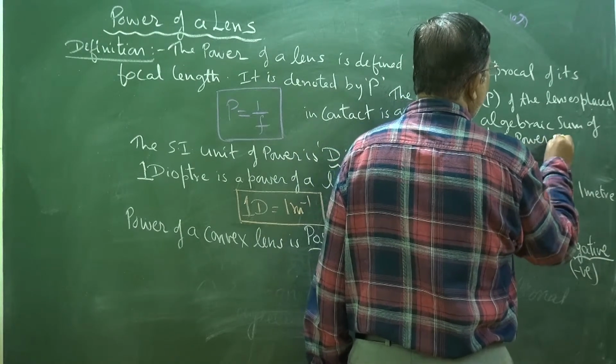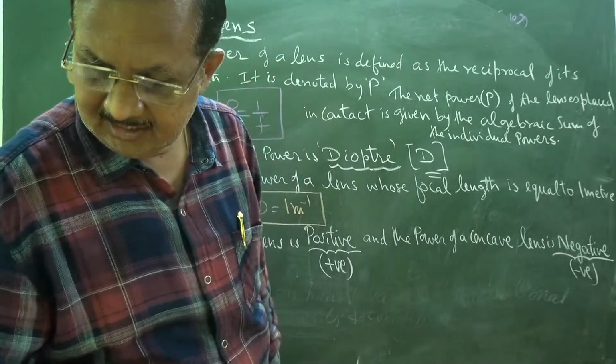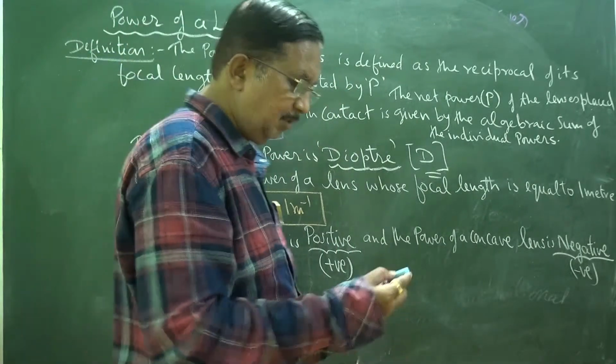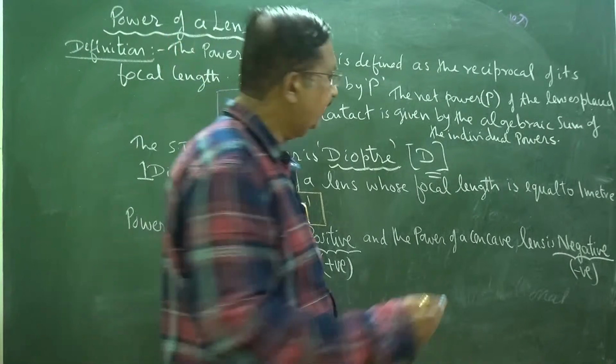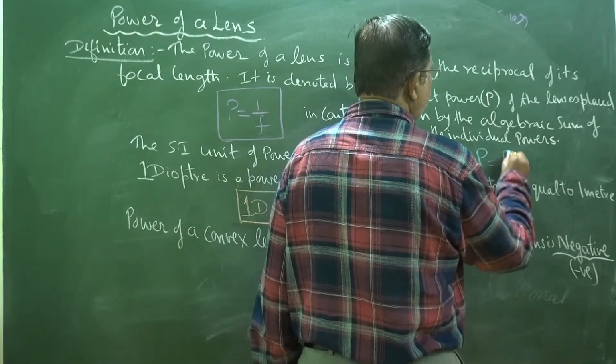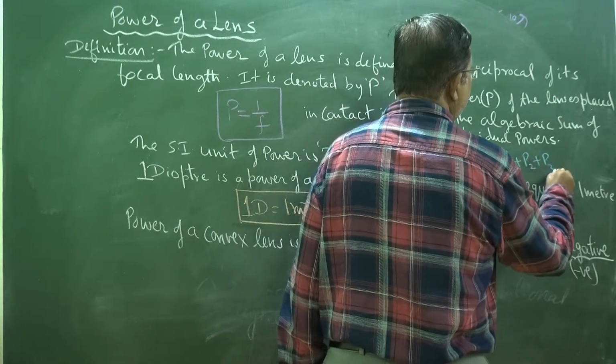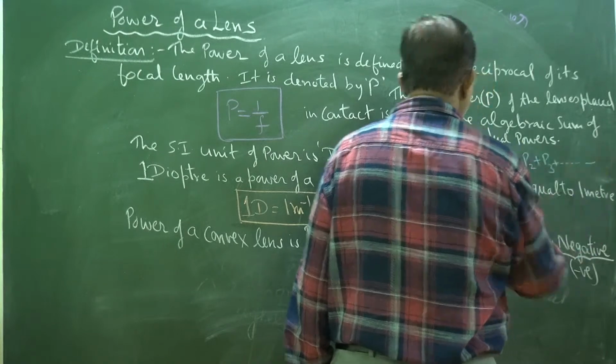So how will you represent this, children? Hence P can be expressed as P1 plus P2 plus P3 plus so on.